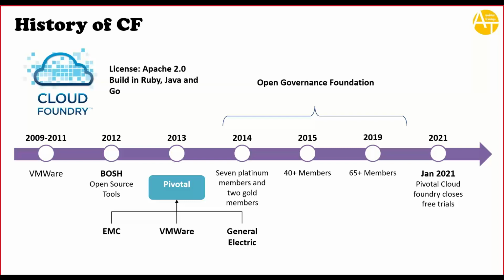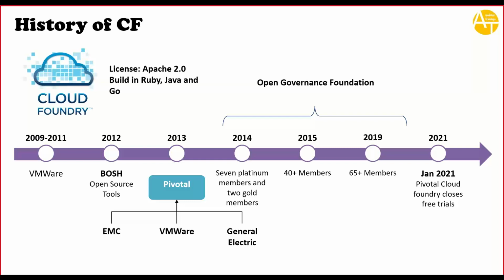So what is the history of Cloud Foundry? We know Cloud Foundry is not BTP. BTP is Cloud Foundry plus SAP specific services. In 2009 and 11, VMware started a project. They actually started multiple projects in parallel. Along with that, Bosch also started open source tool projects in 2012.